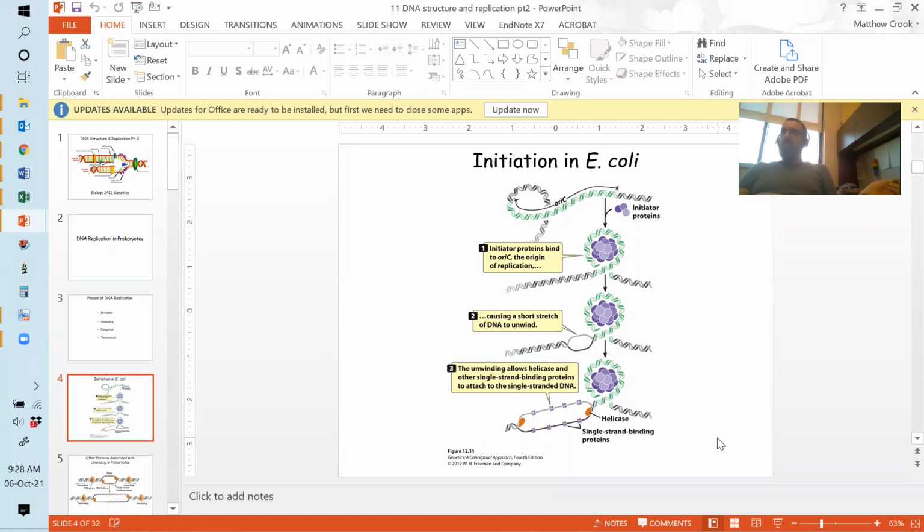So the single-stranded binding proteins come in and they basically hold open that lesion, right? That 2 bits of single-stranded DNA. And another protein called helicase comes in. And so helicase is an unzipper.